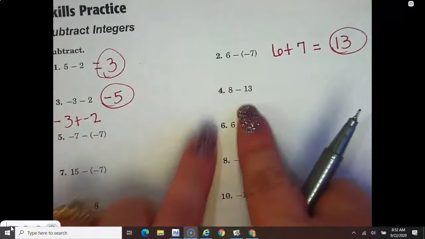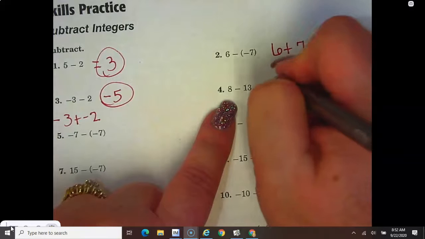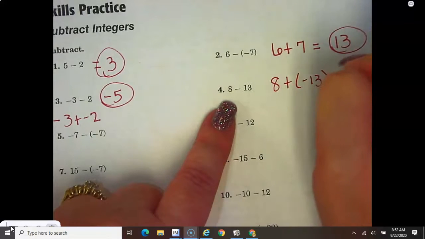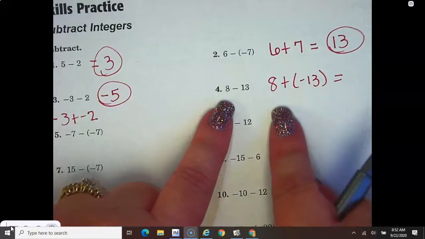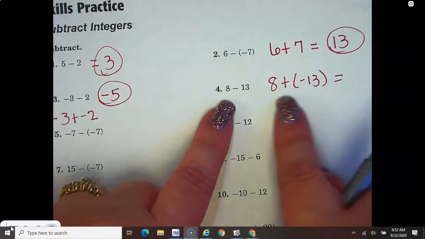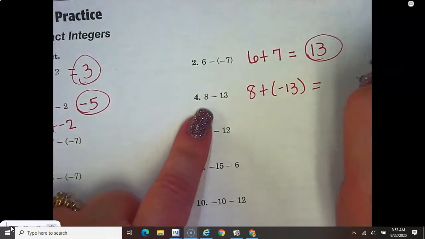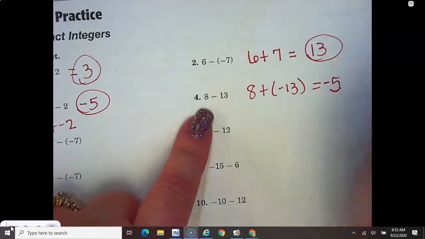All right, let's rewrite 4. 8 minus 13 becomes 8 plus negative 13. Those are opposites, so we need to subtract. 13 minus 8 is negative 5.